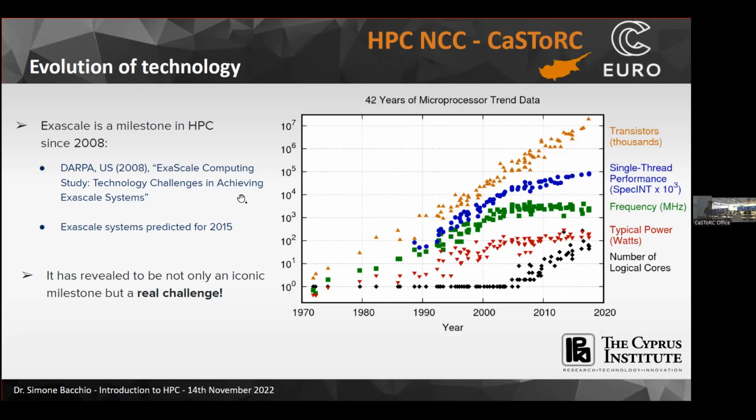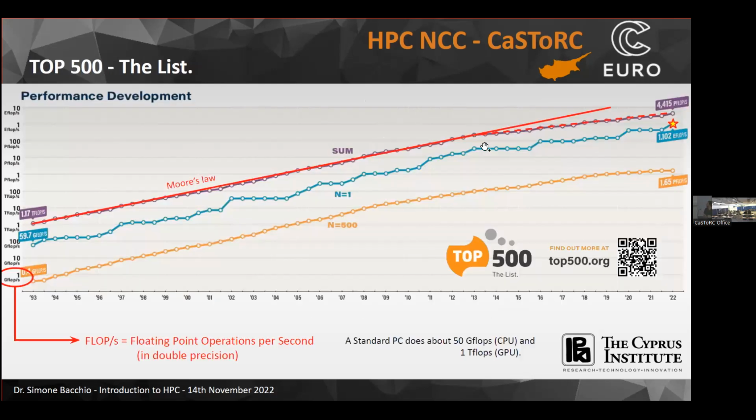So I wanted to stress more about exascale. Exascale is a term that has been around in HPC since 2008. People since 2008 started thinking about what we could do with exascale systems because they would be so powerful. And at that moment, people predicted the appearance of an exascale system in 2015. And you can see that following Moore's law, this is somewhere where this would happen.